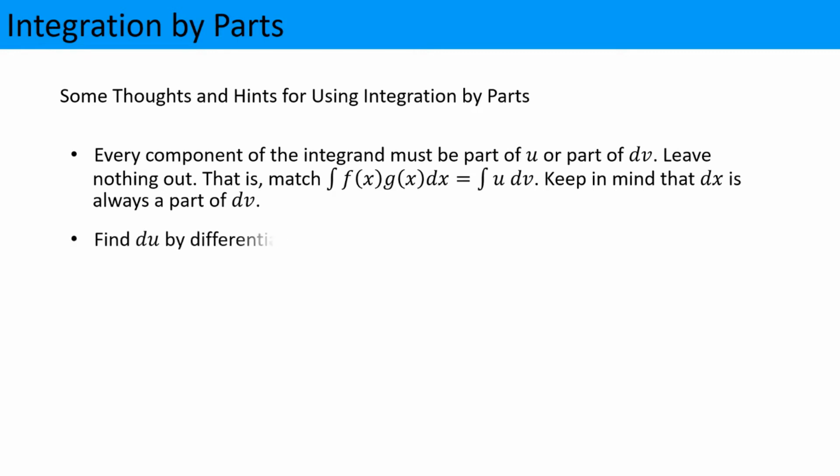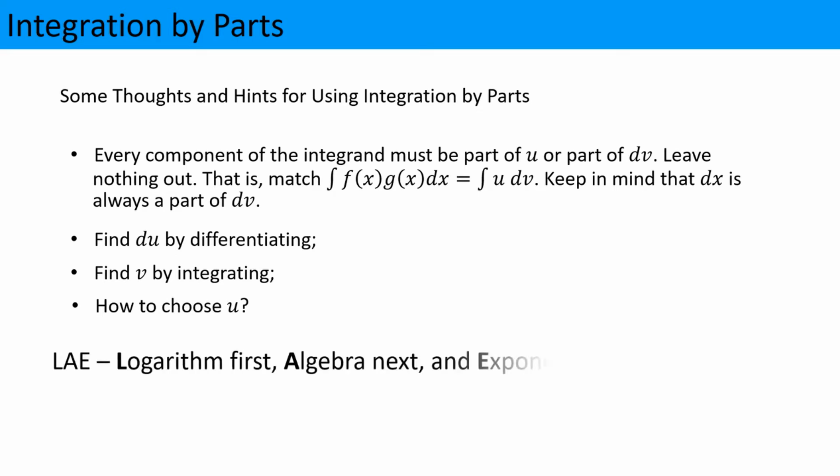Find du by differentiating what you chose for u. Find v by integrating what you chose for dv. How to choose the u? A simple rule, LAE: logarithm first, algebra next, and exponential function last.